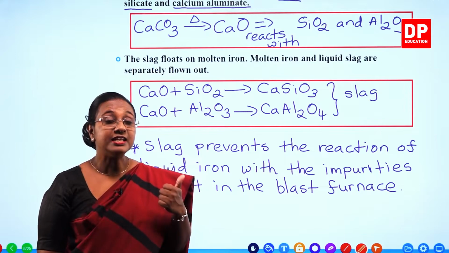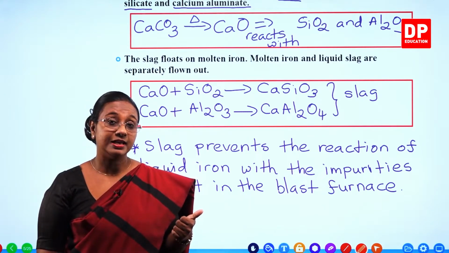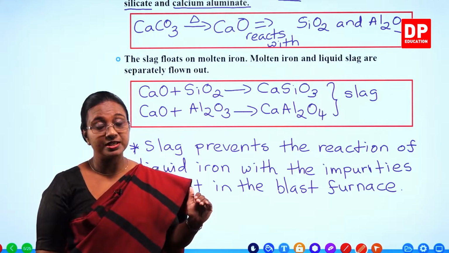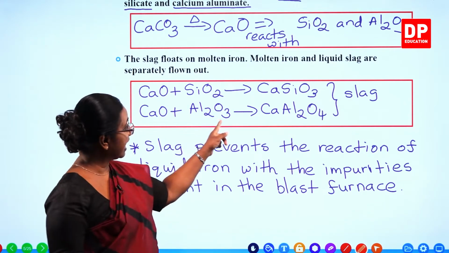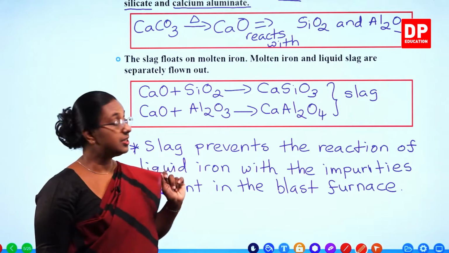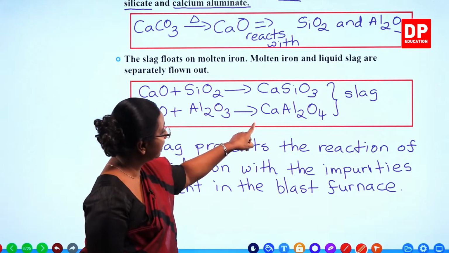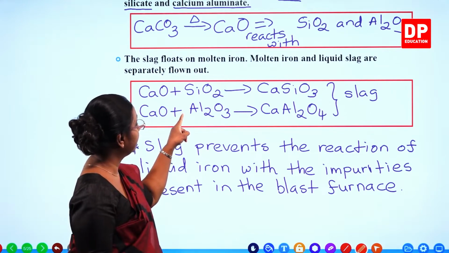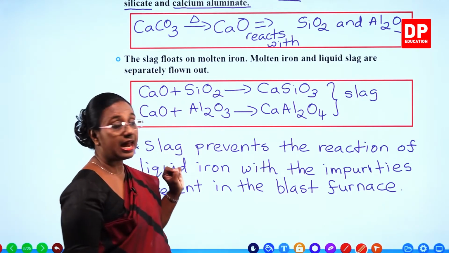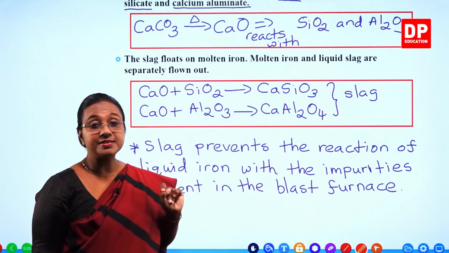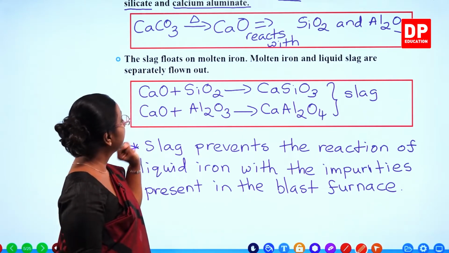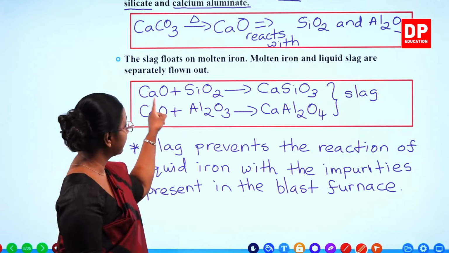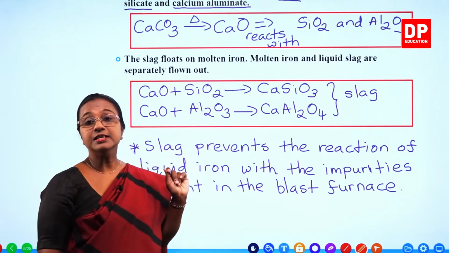So we get iron in the form of liquid iron, and that is drawn out from the bottom opening in the blast furnace. Above that there is slag. Slag is the mixture of calcium silicate and calcium aluminate. Because silica and alumina or silicon dioxide and aluminium oxide are present as impurities in hematite, that is the iron ore, they react with calcium oxide forming the slag.